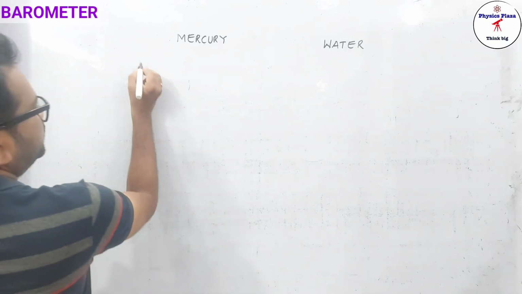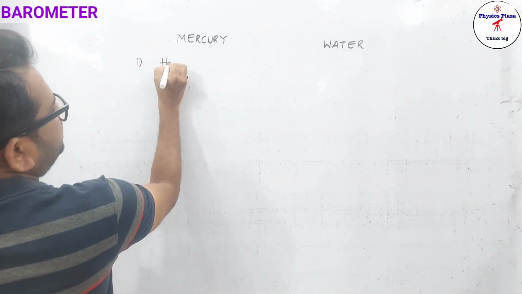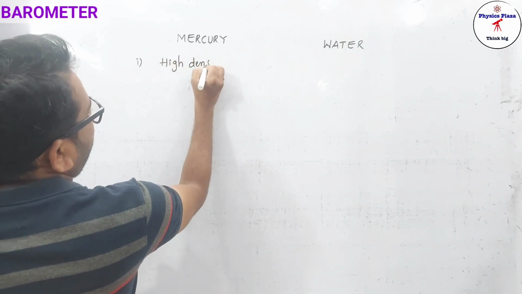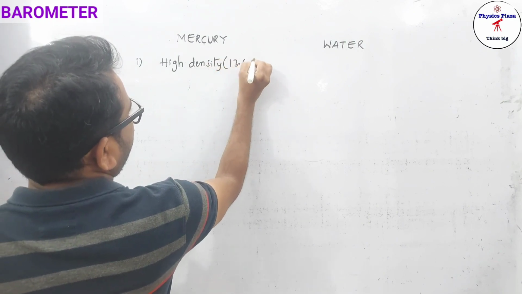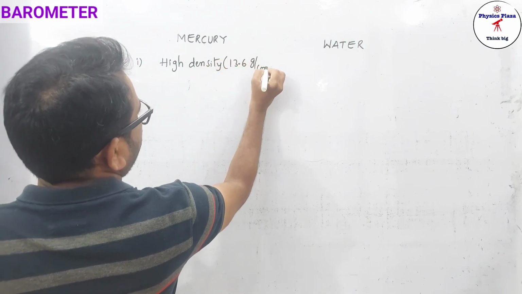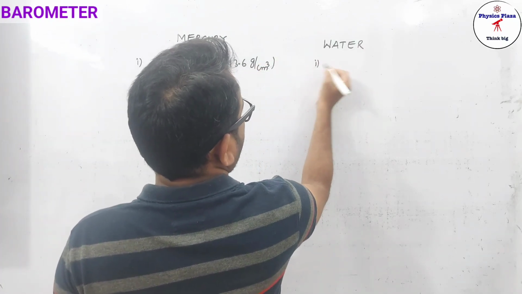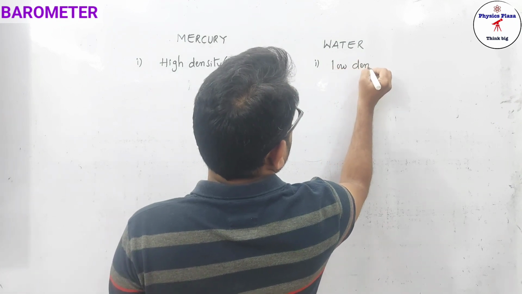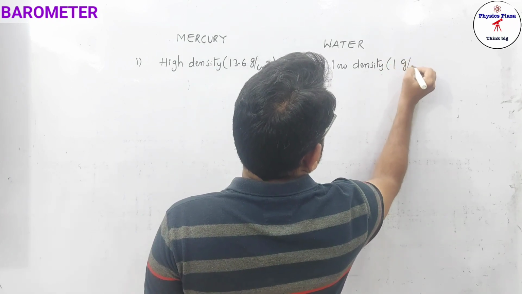The first point is that mercury has a high density, 13.6 gram per centimeter cube, whereas water has a low density, 1 gram per centimeter cube.